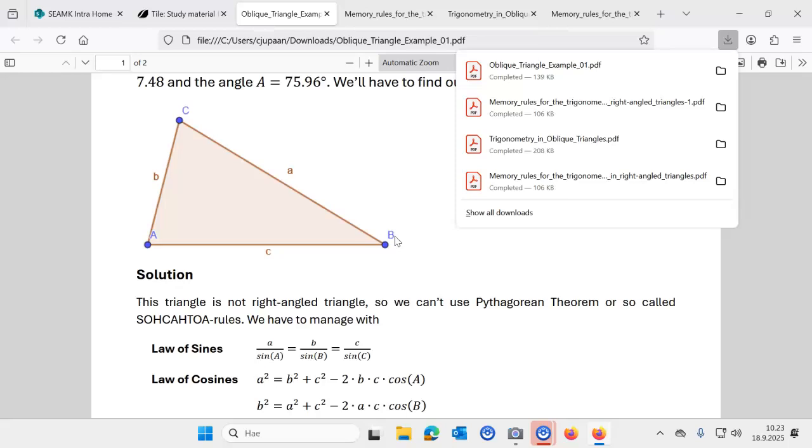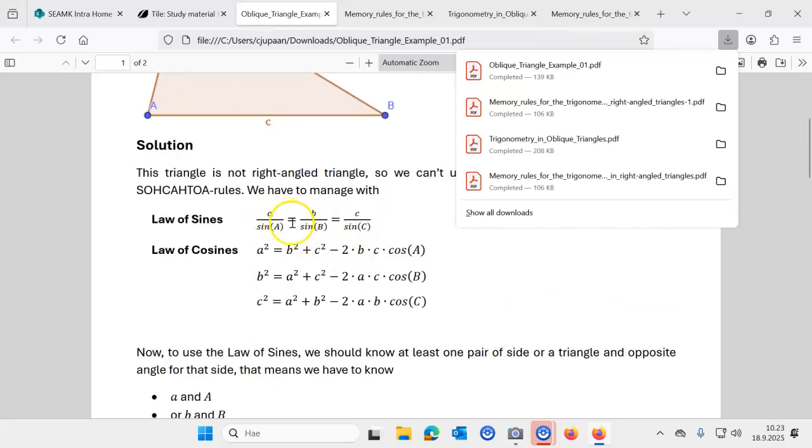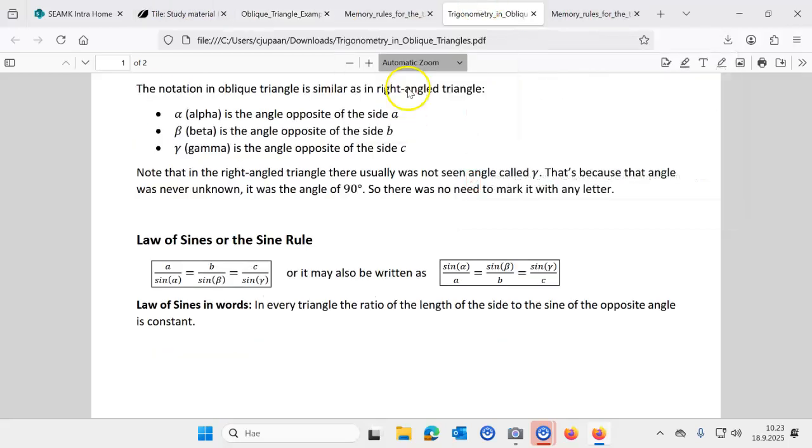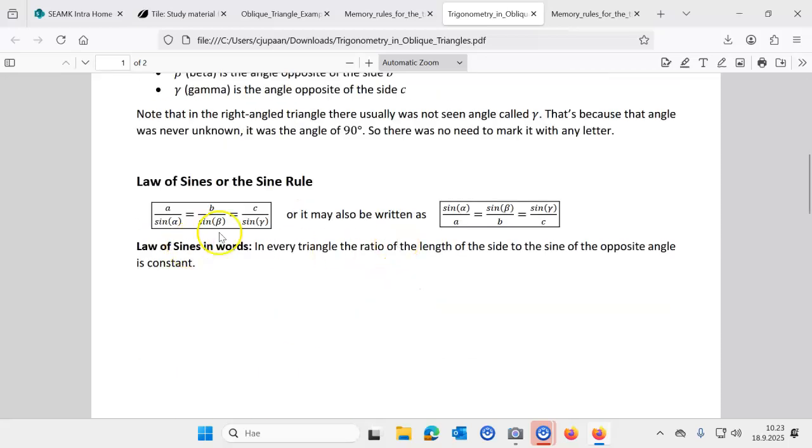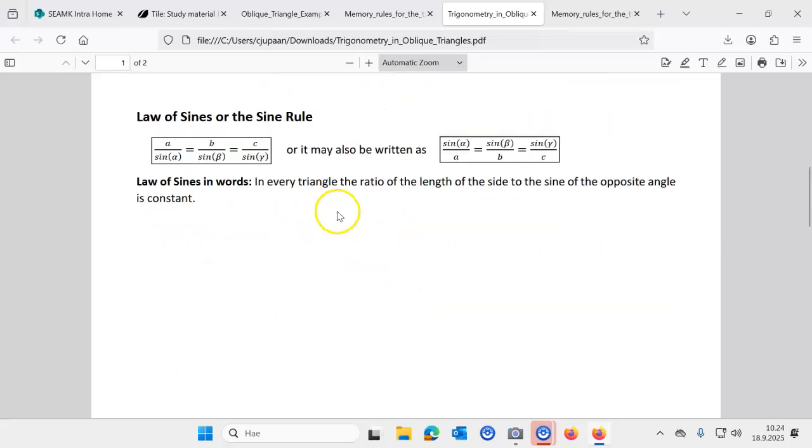So I don't know if it's exactly the same word. As you see in these examples, I use these bigger letters here. But in this case, I have alpha, beta, and gamma. So I wanted to make materials both for those who are used to these Greek letters and for those who are used to those capital letters.